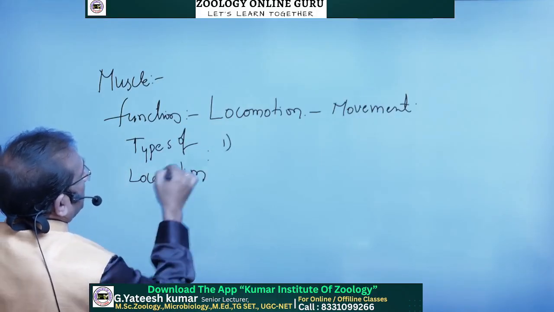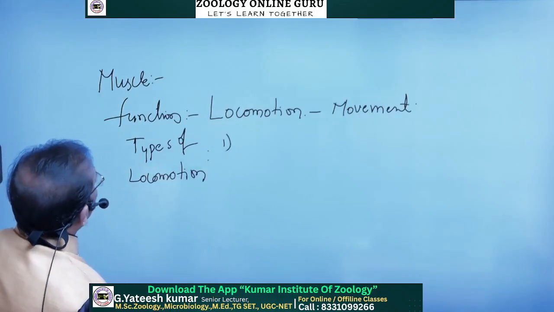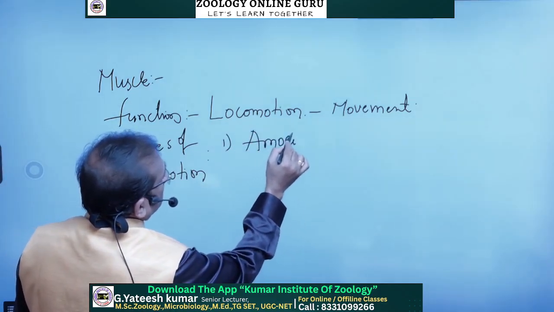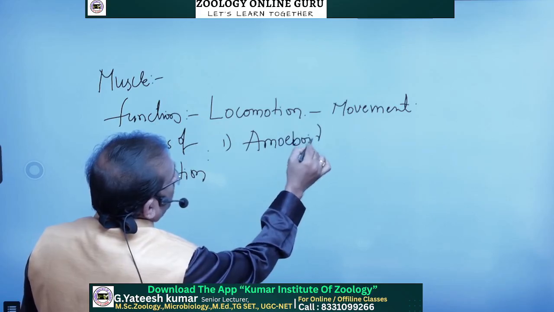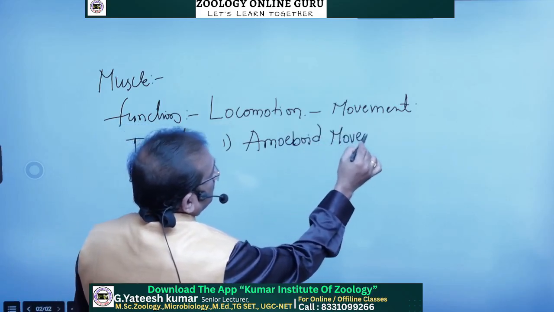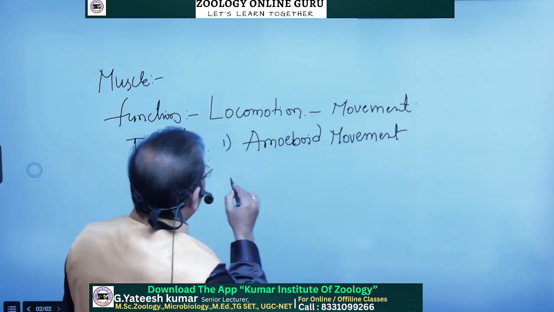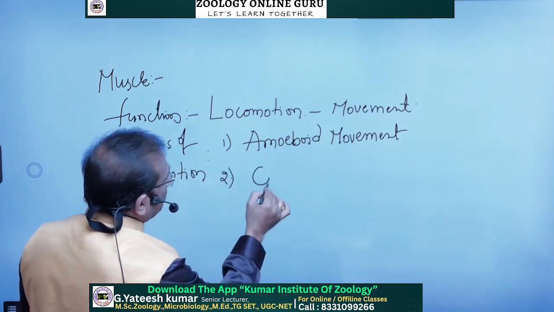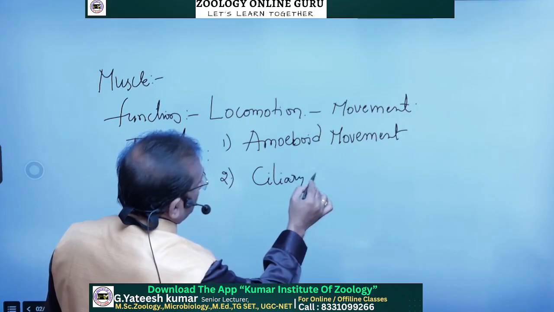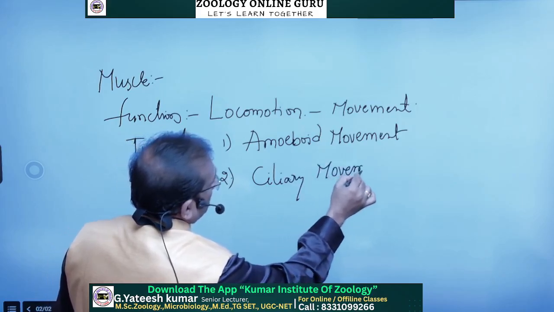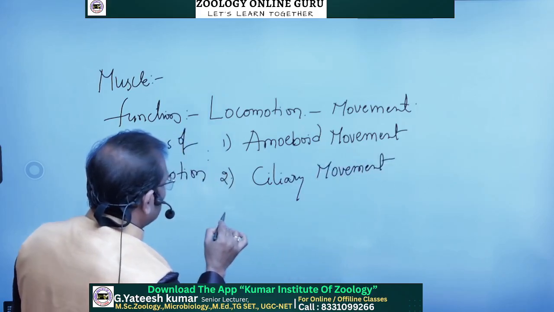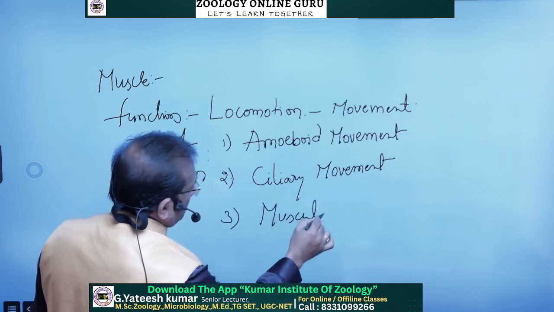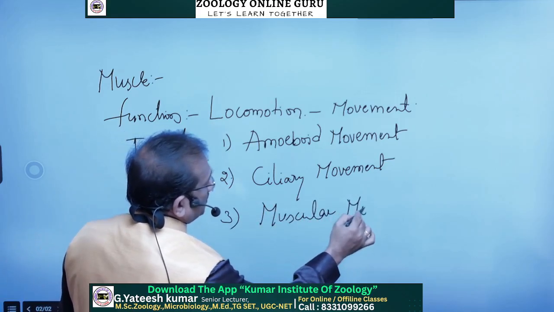Type 1 is known as amoeboid movement, second is ciliary movement, and third is muscular movement.